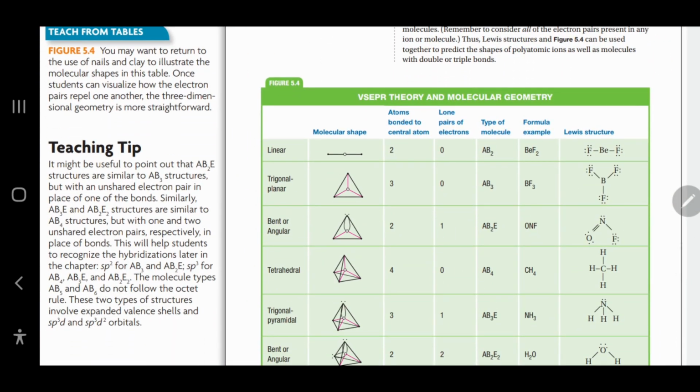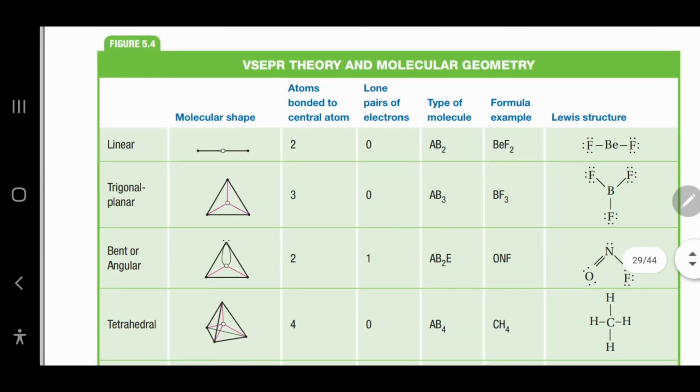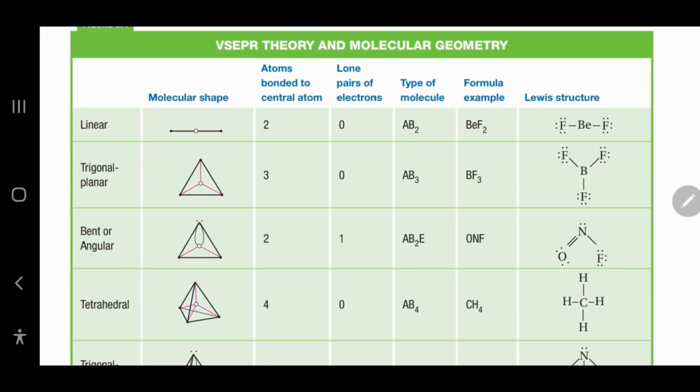So guys, this is a table that will give us the whole information. The most important thing here, remember that when we talk about the general formula, if we have an AB2 formula like BeF2 or CaCl2, we will have a linear shape. If we have AB3, like for example PF3 here, with no unshared electrons, then we will have trigonal planar.